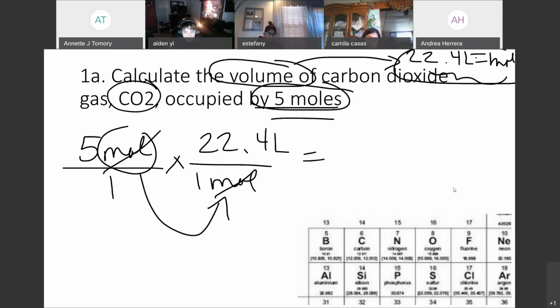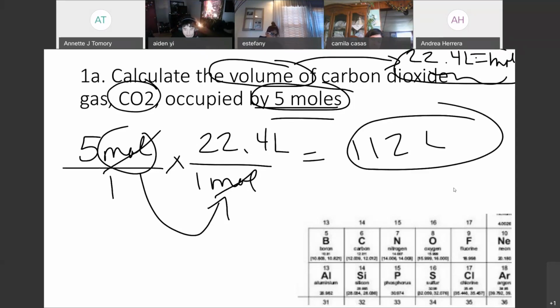What did that come out to be? 112. That sounds good. Now I am switching up the units on you and trying to figure out if you can tell when to use what. Which becomes really important in this next week. Giving you a heads up on that.